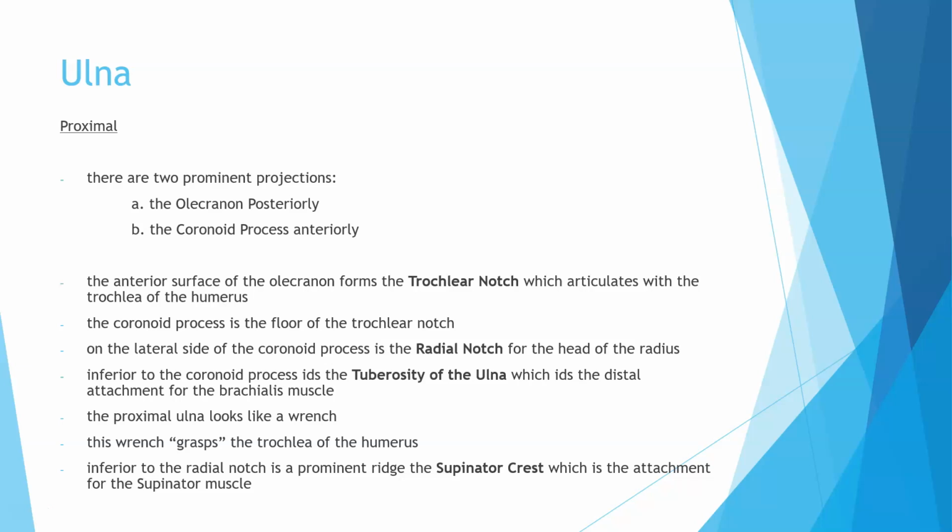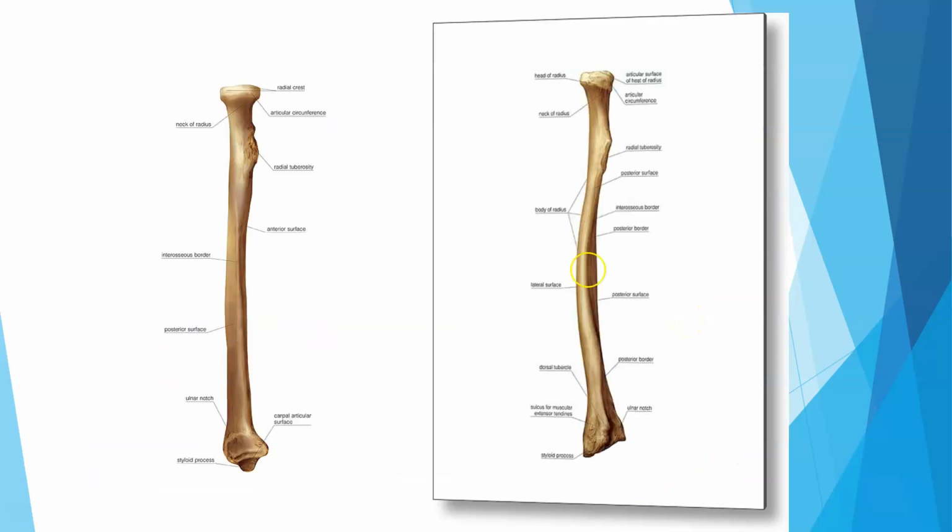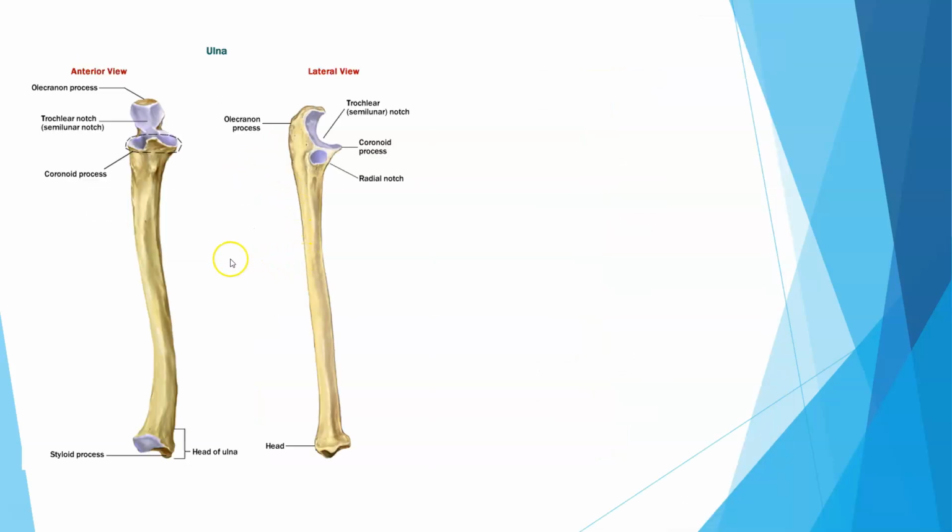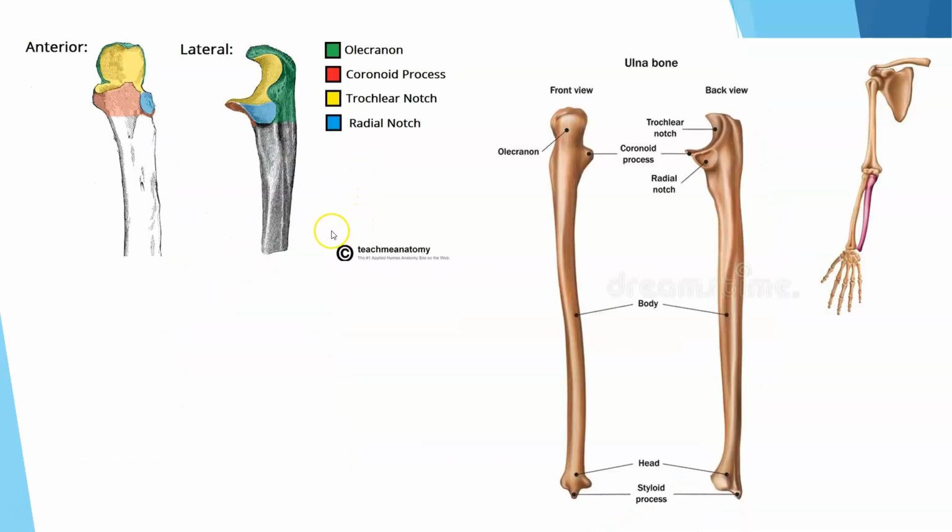Now, inferior to the coronoid process, we find the tuberosity of the ulna, which is the distal attachment for brachialis. So remember, we had the radial tuberosity here in the radius for the attachment of biceps brachii. And then here we've got the coronoid process.